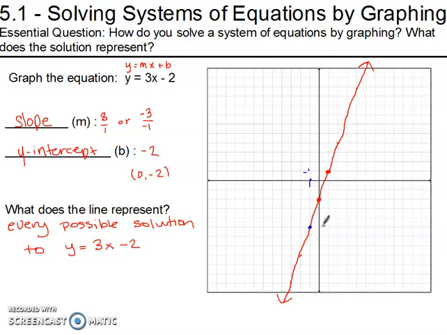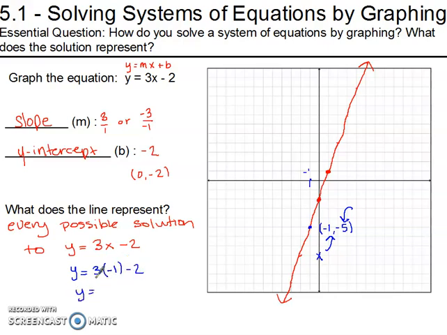So my point on this line is (-1, -5), which means when I plug in an x value of -1, I should expect to get out a y value of -5. So we'll go ahead and try it out. y equals 3 times, now I'm putting in an x value of -1, minus 2.